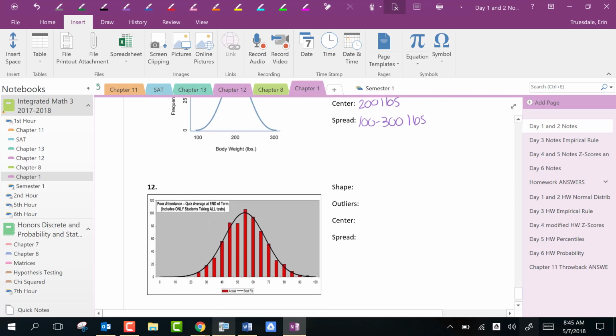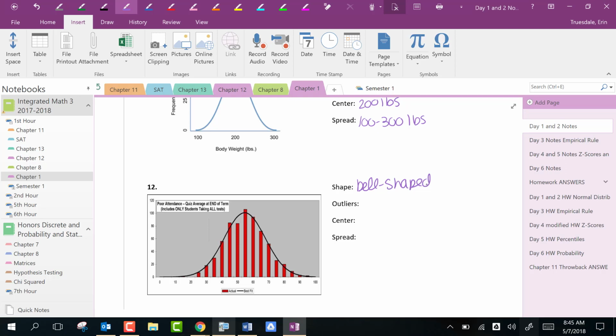Okay, good. 12. Shape. Bell-shaped. It's pretty bell-shaped, I'd say. I don't think so. It has to be really skewed left, where a lot of the data is over here, more like if it would be shaped like this. I think it's pretty bell-shaped. Outliers.